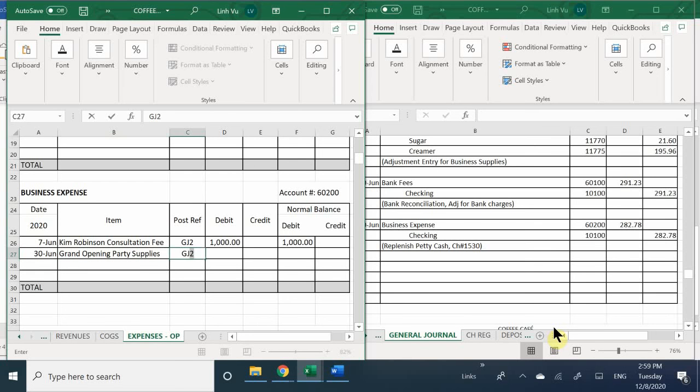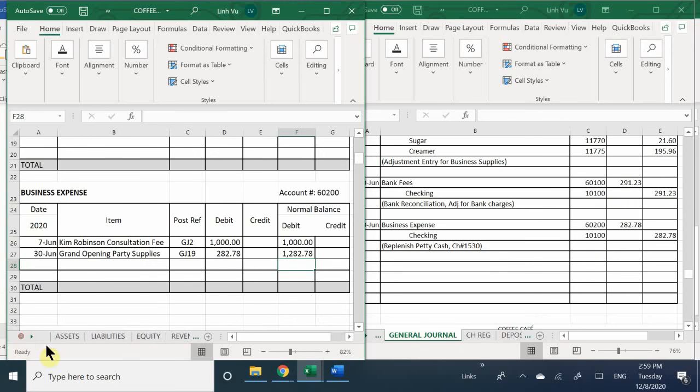Okay. General journal number 19 we are still on. 282.78. Then $1,282.78.